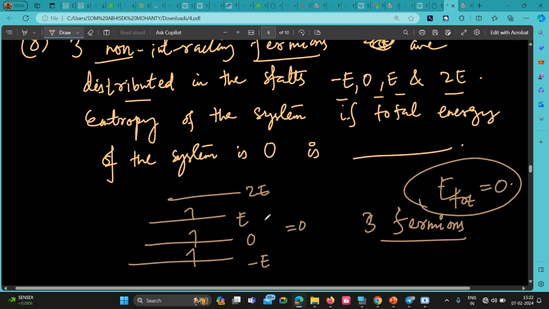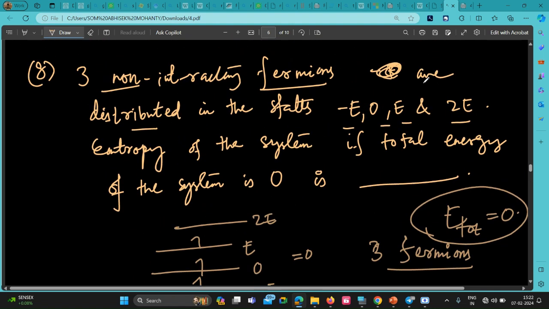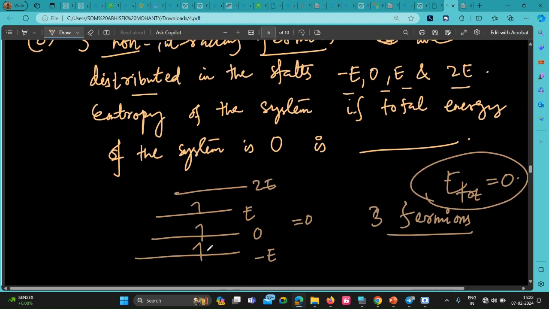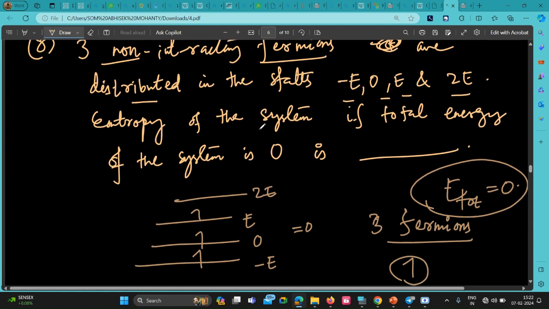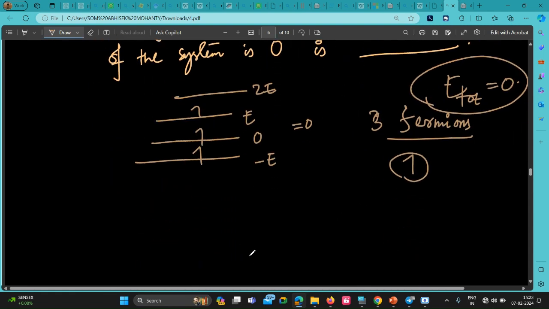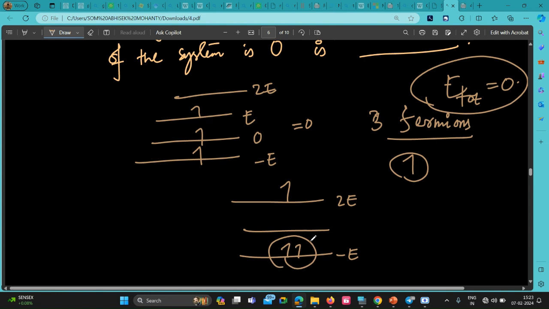This is one arrangement. We can have only one fermion in one state, since nothing is mentioned, so we take up spin. You might ask if we can have one in 2E and two in minus E, but this is not possible because fermions cannot be in the same state.